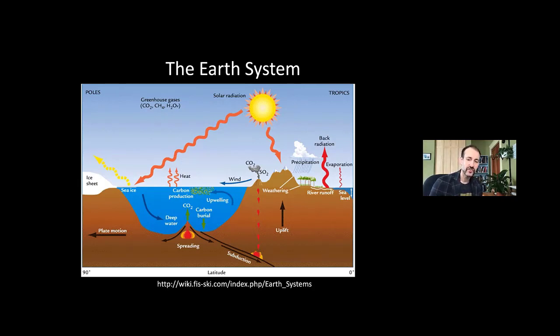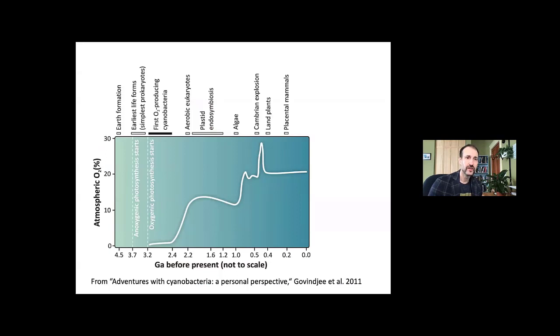I want to emphasize this other point, that the habitability of Earth has changed through time. We can see the evolution of life, the different types of organisms that have been present throughout Earth's history, here portrayed from 4.5 billion years ago when the Earth formed to the present, in terms of the abundance of oxygen in the atmosphere at its current level of 20%, from 0 at the beginning, when nevertheless life was present.